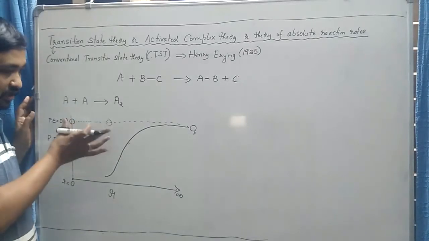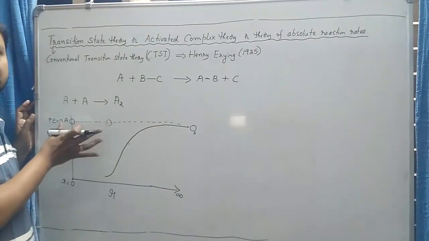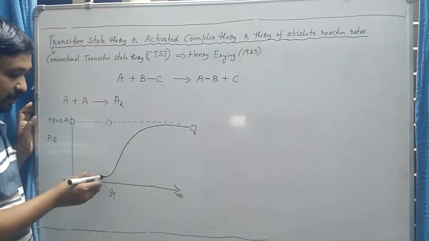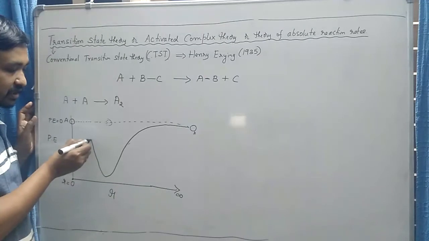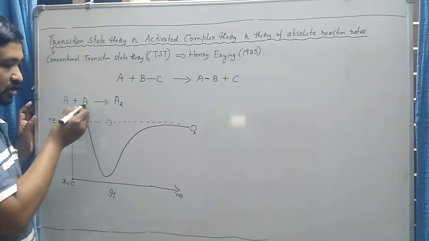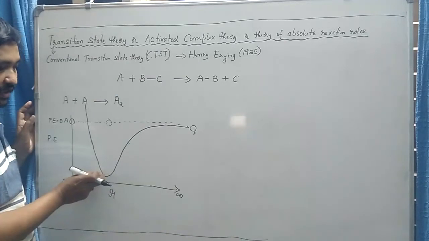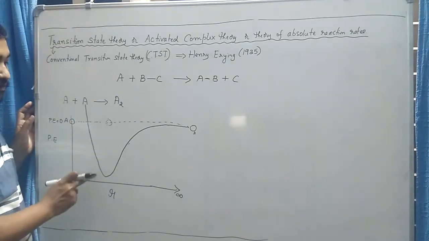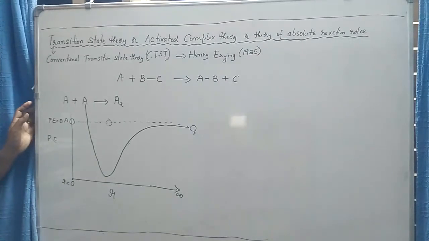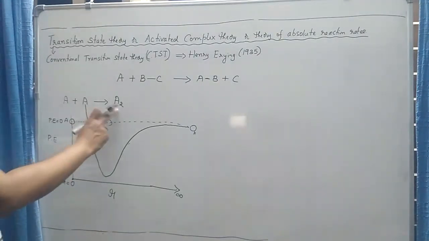So if I further try to squeeze the distance between the two atoms, it results in greater repulsion, and therefore the potential energy increases. And the way potential energy increases is much faster. For even a small decrease in the distance between the two atoms, there is a sudden increase in potential energy. So this is the potential energy diagram corresponding to the formation of molecule A2.